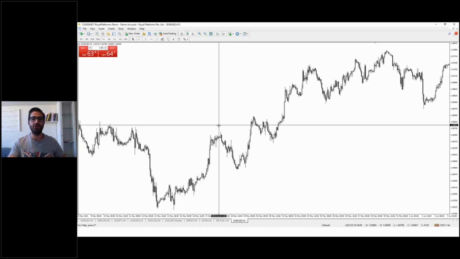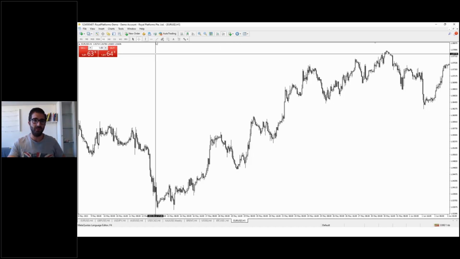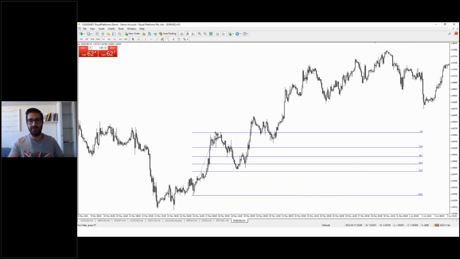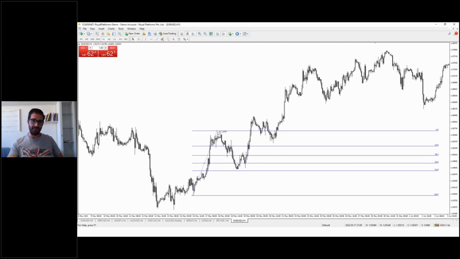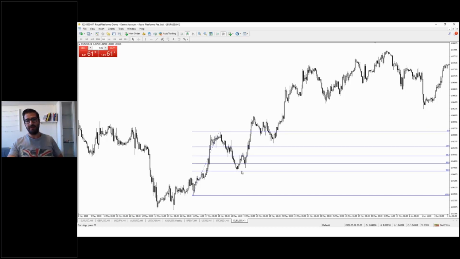To know where most probably this correction will end, what we will do is we will use the Fibonacci retracement. First, you will plot it from the lower side of this impulsive wave all the way up until the high of this impulsive wave. What you can see here is that the market reacted mostly around the 61.8.